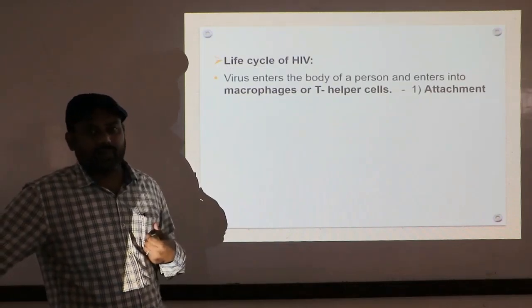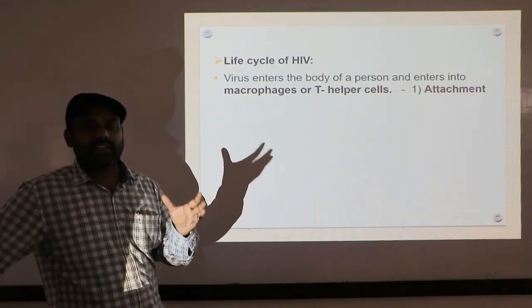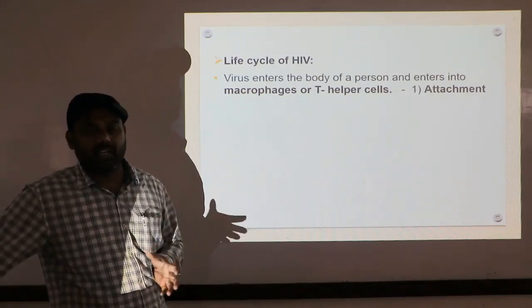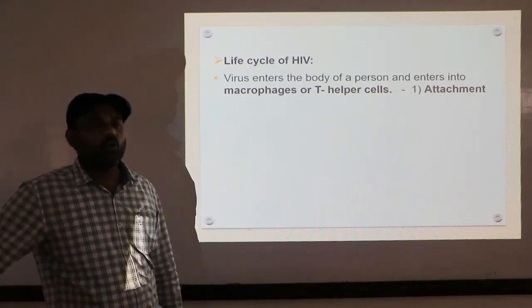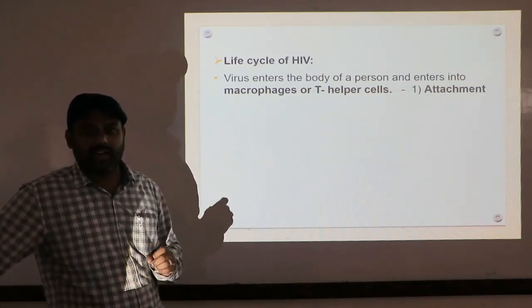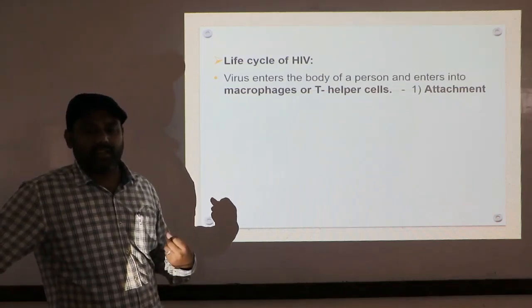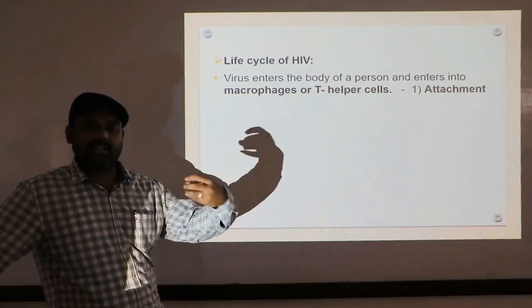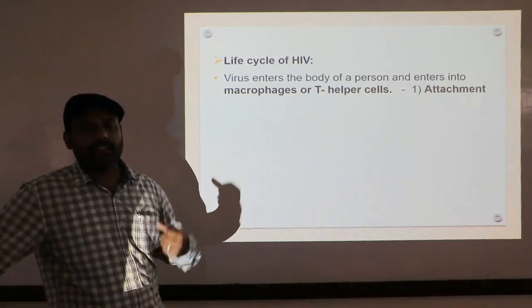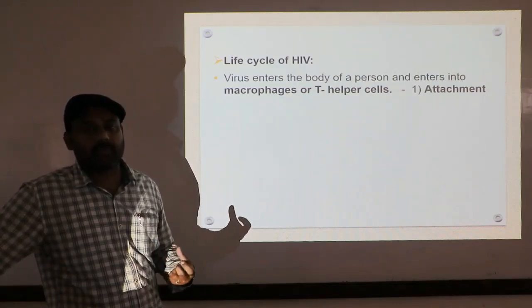After the attachment, the virus releases its genetic material, single stranded RNA, into the cytoplasm of the host cell. When the single stranded RNA genome enters the cell cytoplasm, it starts undergoing transcription. Clear?